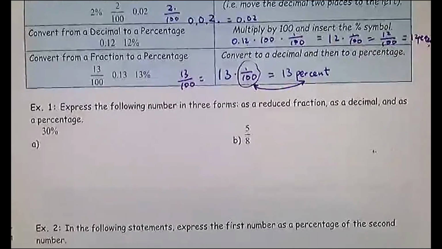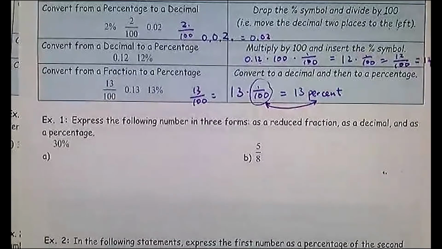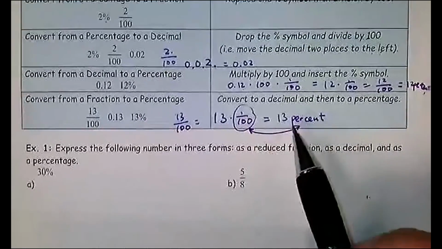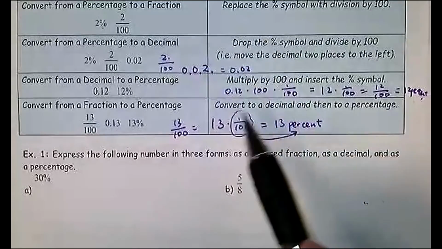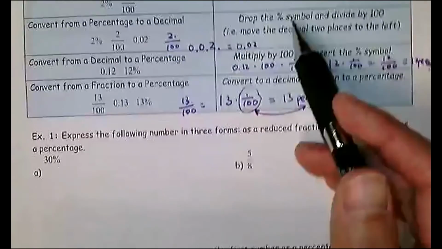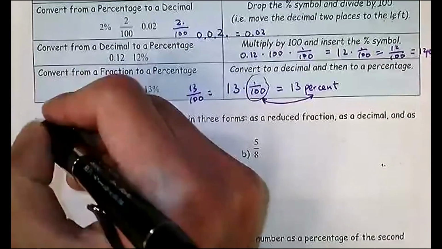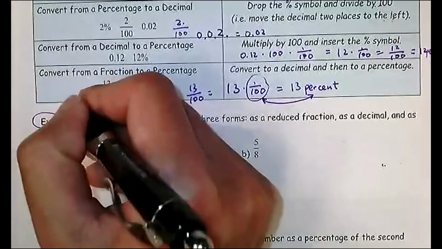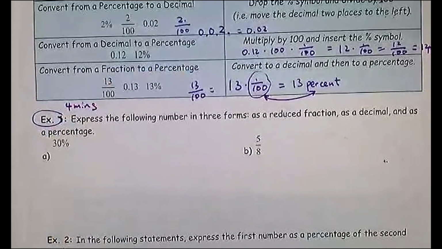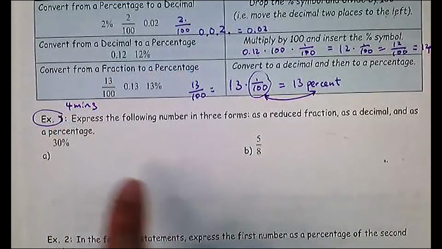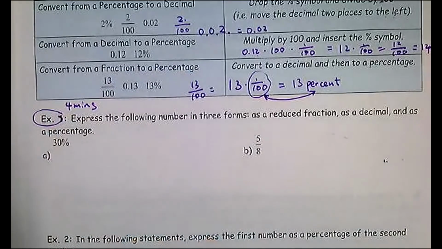Signs are easy. So instead of me going through every question, I think I explained all the major ideas of how to do this kind of percent stuff already. So I can give you, let's say, 4 minutes. Feel free to use a calculator. 4 minutes to work out example 1 by yourself.